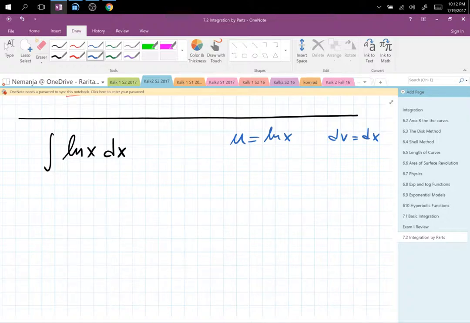All right, so it looks like you guys got this. Great. So now you know what the integral is, right?